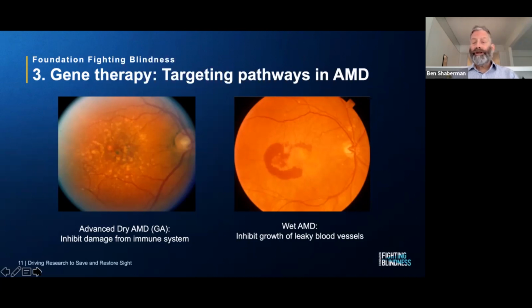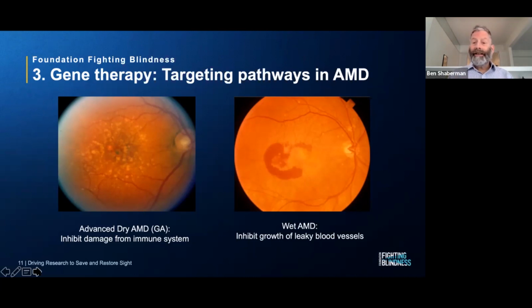But what researchers have discovered is that our immune system, our innate immune system, more specifically the complement system, the overactivity of the complement system can cause damage to the retina. It can cause loss of retinal cells, RPE cells, and photoreceptors. And so what researchers are trying to do is target that complement system to slow it down, to inhibit it, to minimize the damage that's caused by AMD.